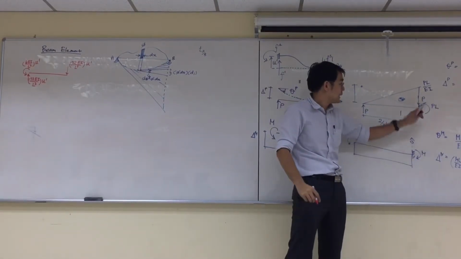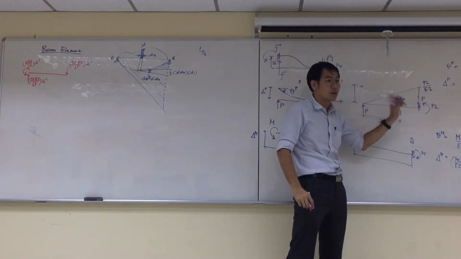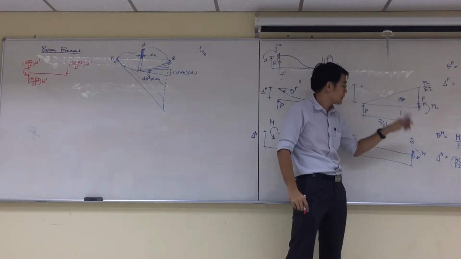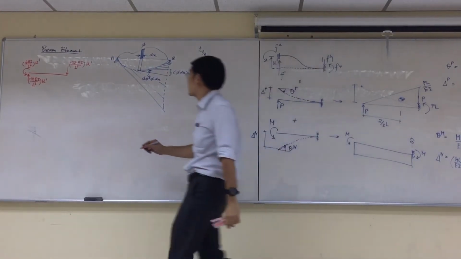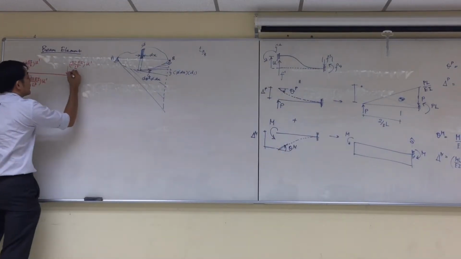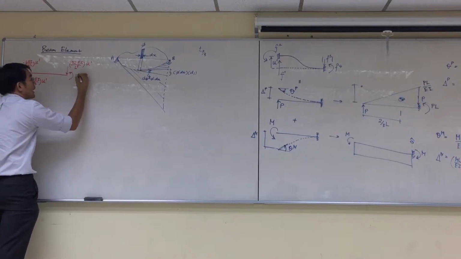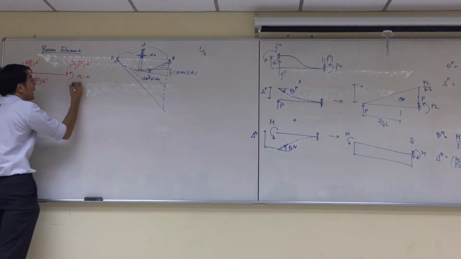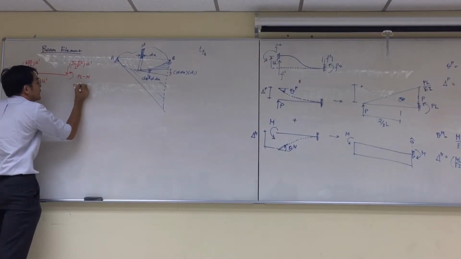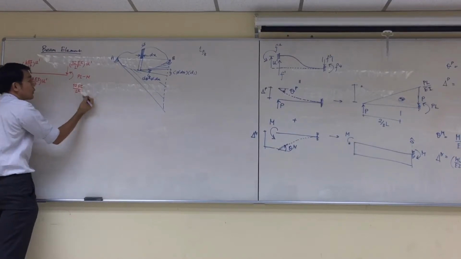The last one over here is PL. Here is M. PL is going counterclockwise, M is going in the clockwise direction. So the last one, you have the PL, okay, minus M. The PL is 12 EI over L squared.